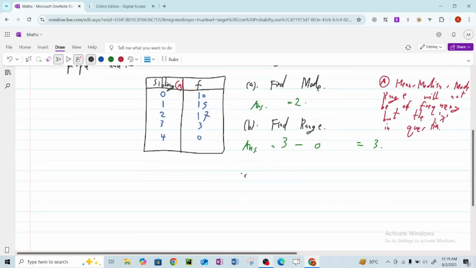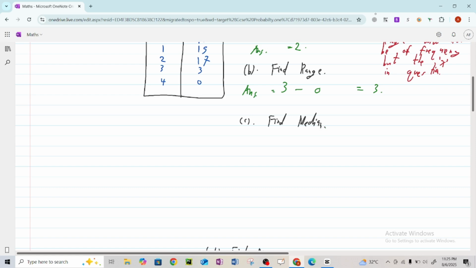Now third, let me write it over here. Now we have the next one, that is our median. Let's write find the median.